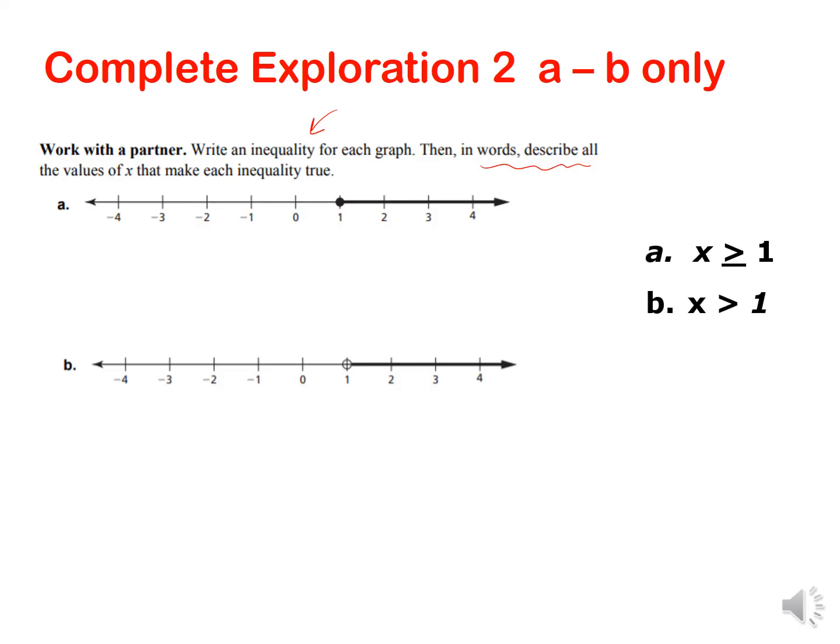Okay, so there are the two answers. If you were going to describe it, you would say that x is all of the values greater than or equal to 1. And this one would be x is all of the values greater than 1, but not including 1.